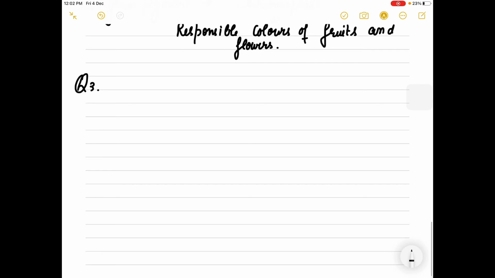Now the third question which sometimes we discuss is about our endoplasmic reticulum: what are the functions of endoplasmic reticulum? If we have to draw the structure now, I think it is very clear to all of you.